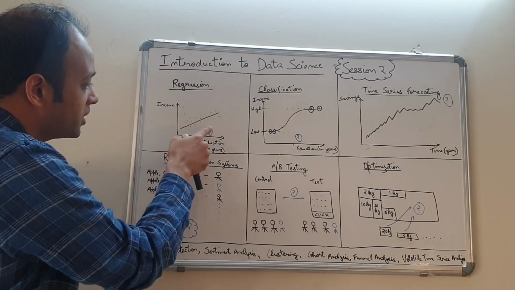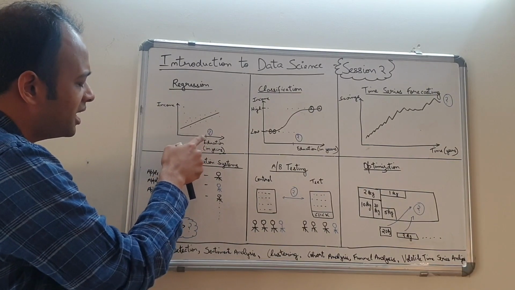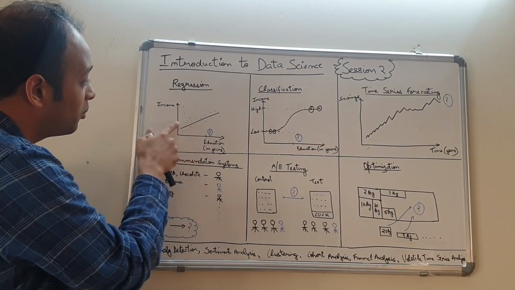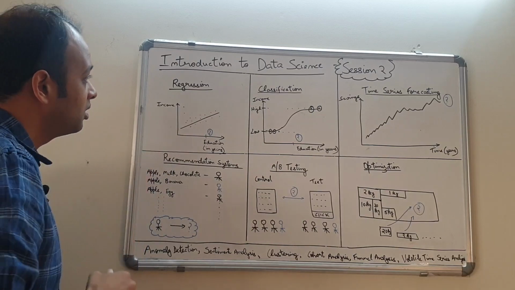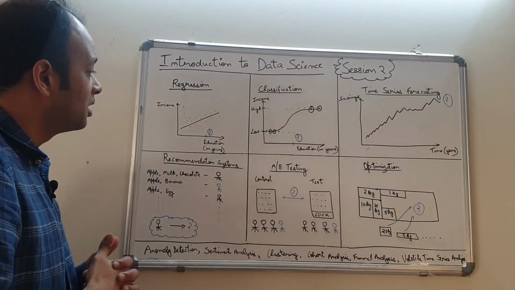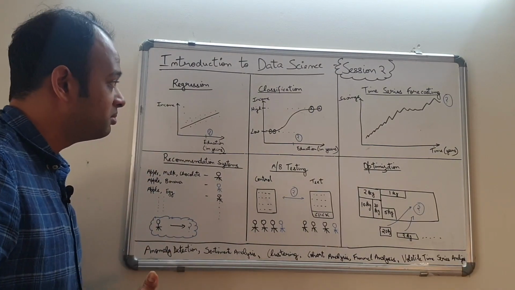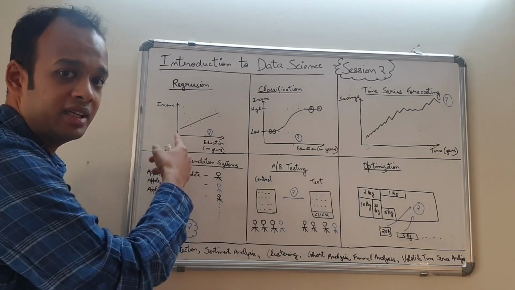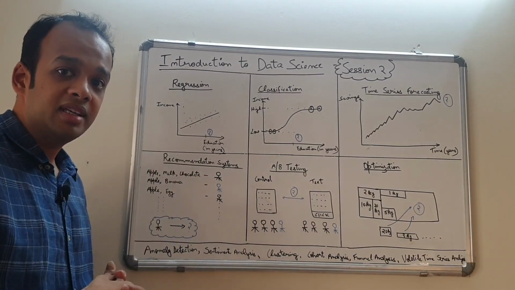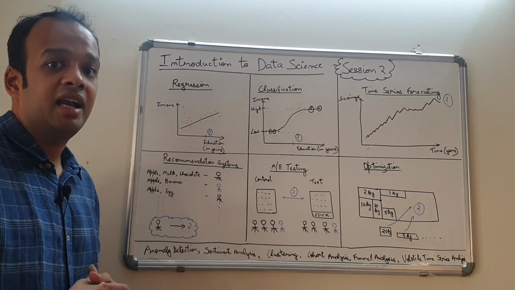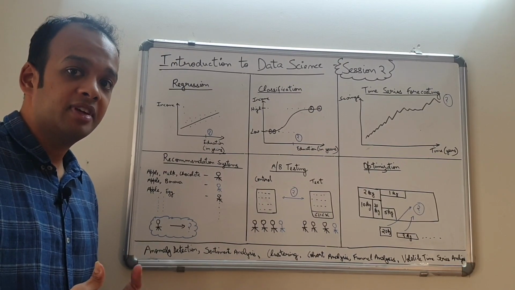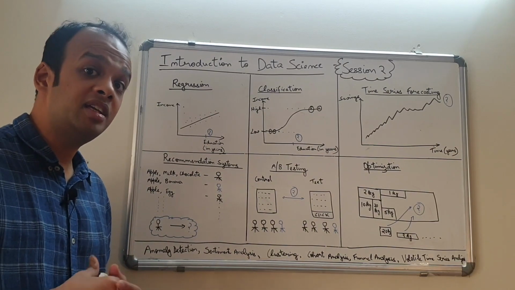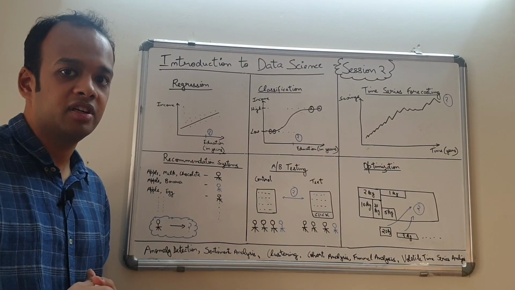And the question mark is, say we know that the education of a new person is of a certain number of years. What would be his income? What a regression algorithm does is that, looking at the historical data, it understands the pattern in the data, and a linear regression more specifically fits a line to it using a least squares minimization objective function.